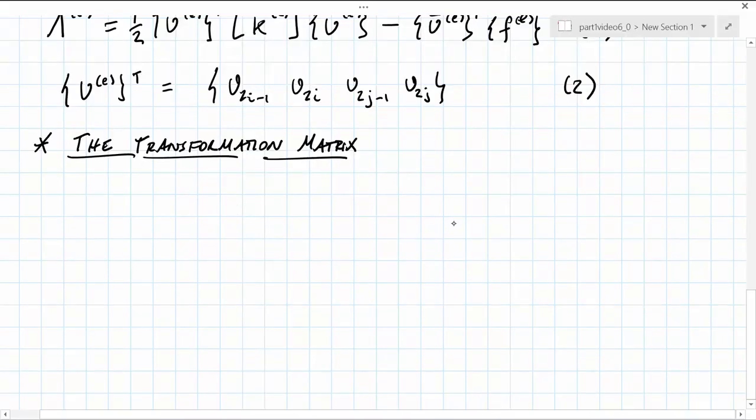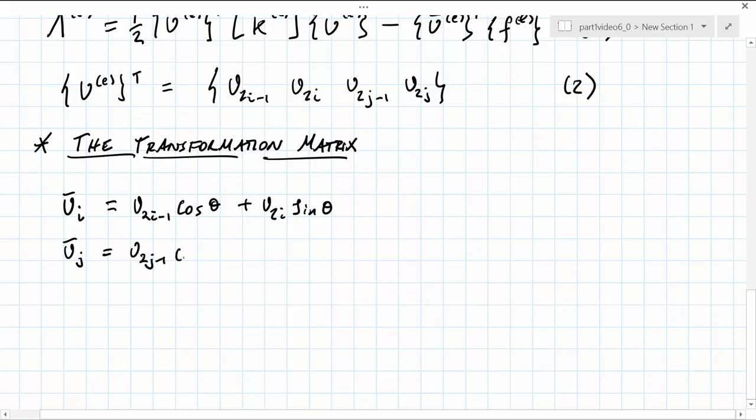To obtain the transformation matrix, we write down U bar I and U bar J in their component forms. In this case, U bar I is equal to U2I minus 1 times cosine theta plus U2I sine theta. U bar J is equal to U2J minus 1 cosine theta plus U2J sine theta.